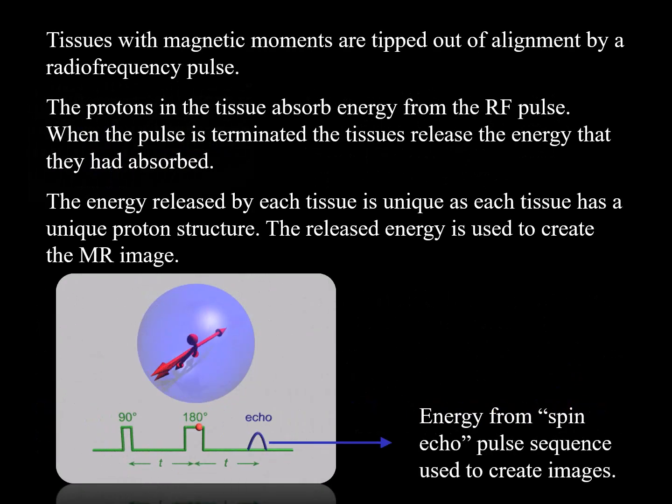Different tissues absorb different energy from the RF pulse, and when the pulse is terminated, the tissues release that energy that they had absorbed. The energy released by each tissue is unique, as each tissue has a unique proton structure. The released energy is used to create the MR image.